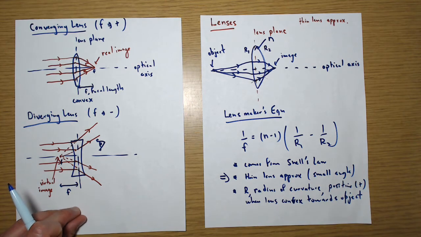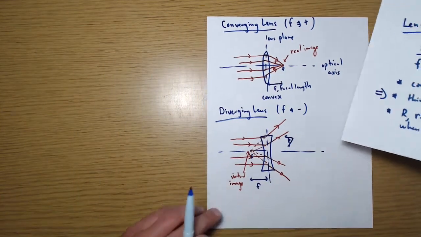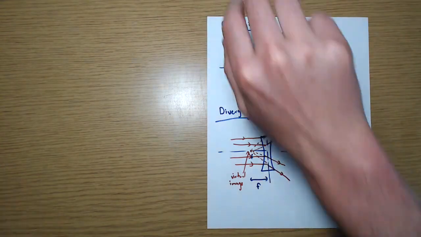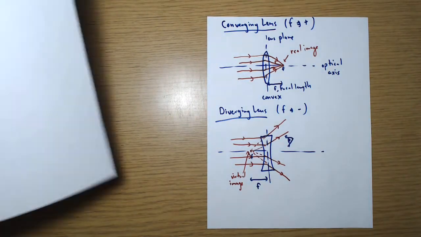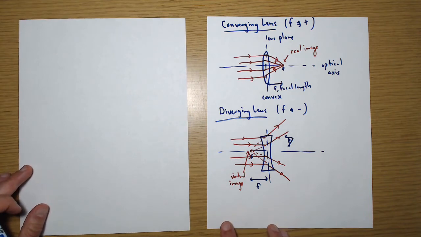Okay, so now let's actually look at image formation as it pertains to converging and diverging lenses. And one of the things we're going to use is what's called the thin lens equation.